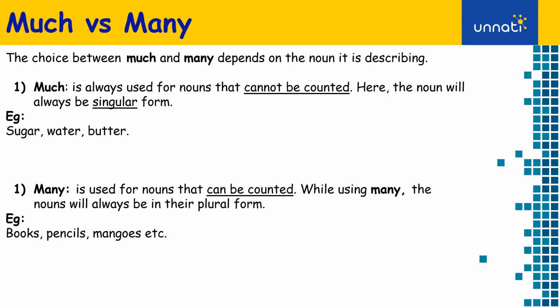So here is a clarity of how and where to use much and many. Now, the choice between much and many depends on the noun it is describing. I repeat myself. Whether I choose to use much or many, that totally depends on the noun that I am describing.